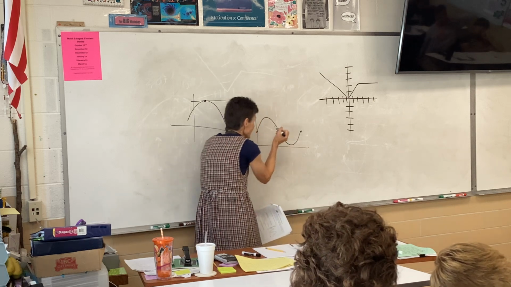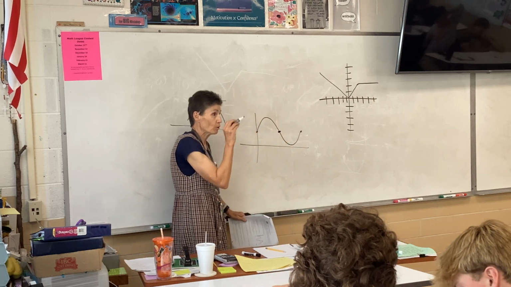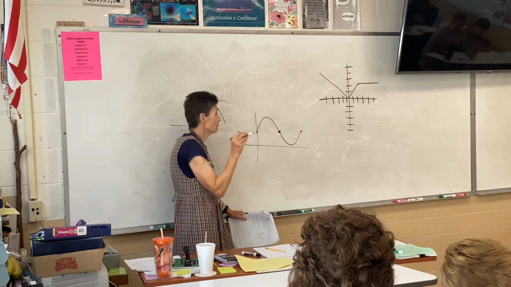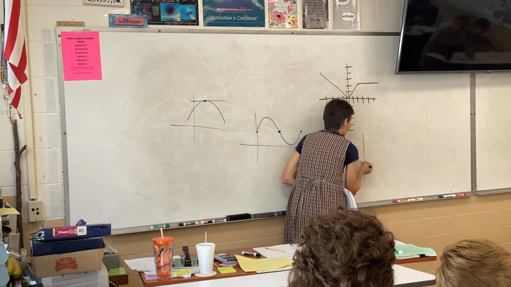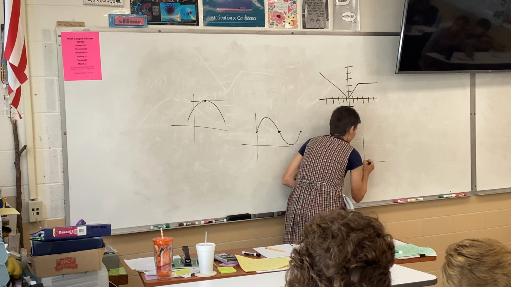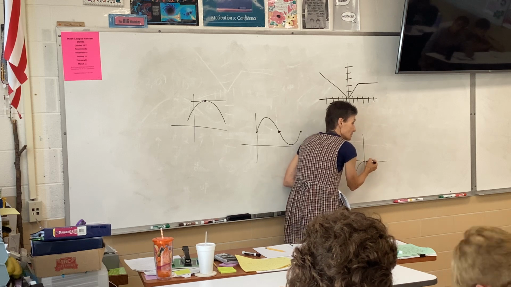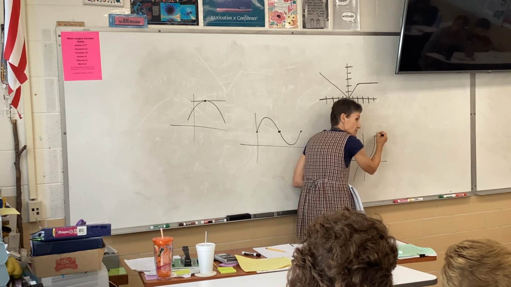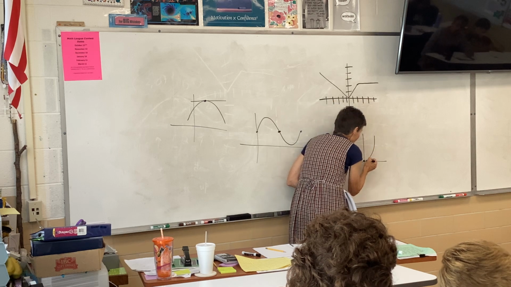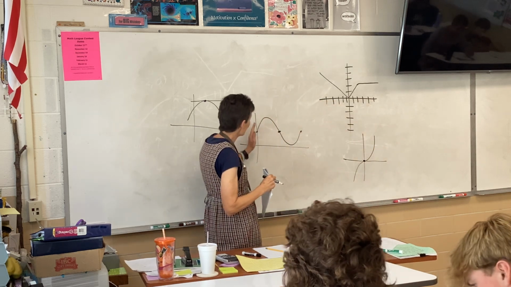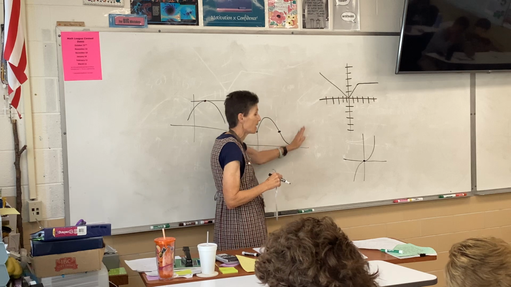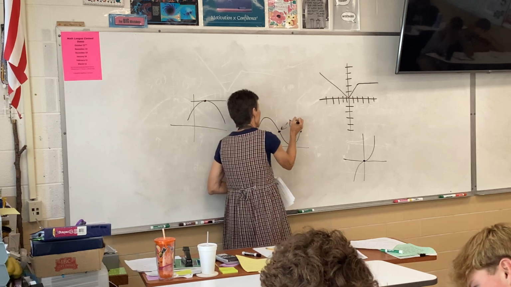This point right here, where the curvature changes, remember the other day I was drawing a cube and I said this part of the cube is concave down and this part is concave up? That point where we go from concave down to concave up is called a point of inflection.